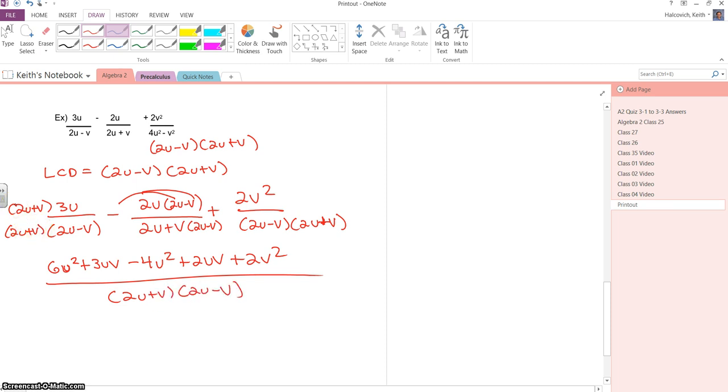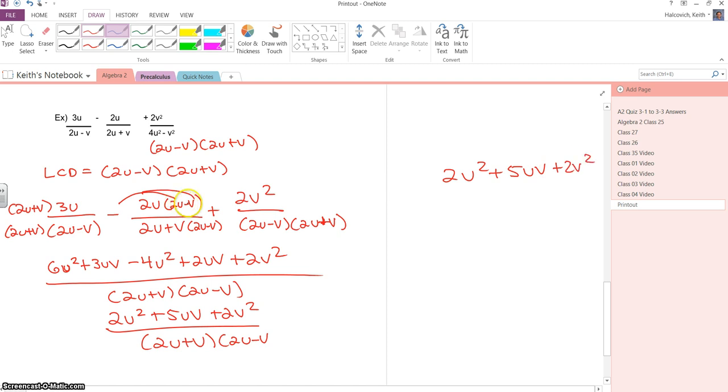Combine like terms. 6 minus 4 gives you 2u squared plus 5uv plus 2v squared all over 2u plus v times 2u minus v. Now let's factor the top: 2u squared plus 5uv plus 2v squared. Let's see if it's factorable. Well, what are the factors of 4 that add to 5?